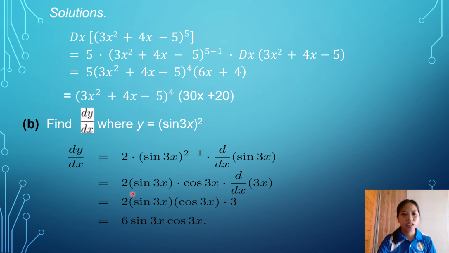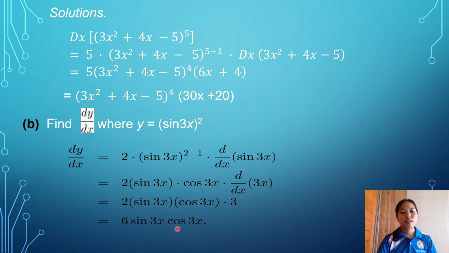And multiply together, 5 multiplied by 6x plus 4 gives us 30x plus 20. 5 times 6x equals 30x, 5 times 4 equals 20. That gives us the quantity 3x squared plus 4x minus 5 to the power of 4 times 30x plus 20. That's how we use the generalized power rule for a power function of a function.